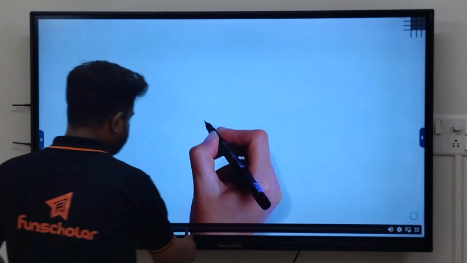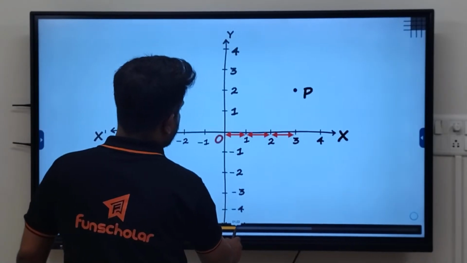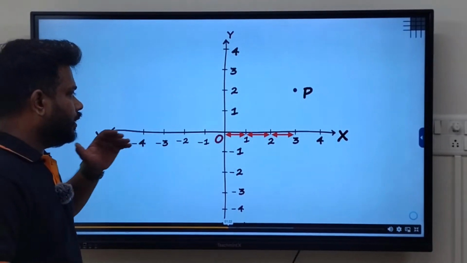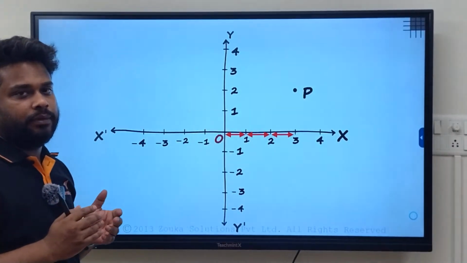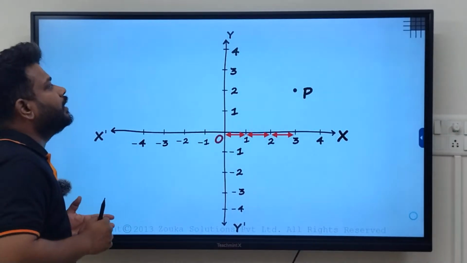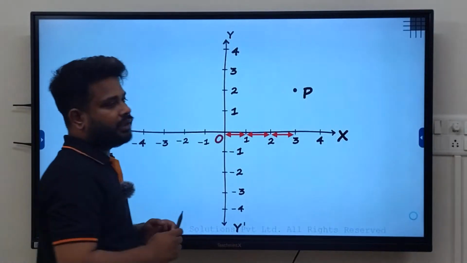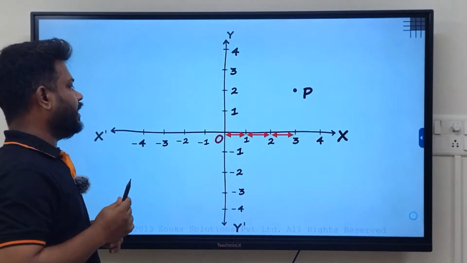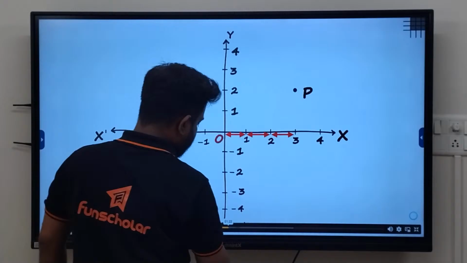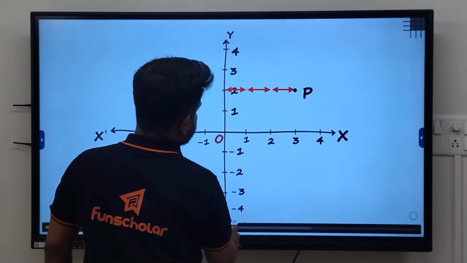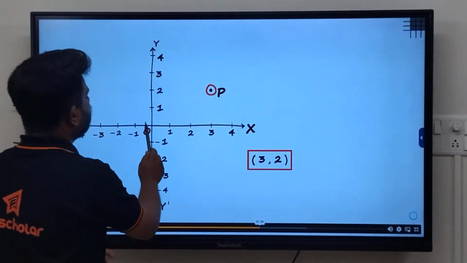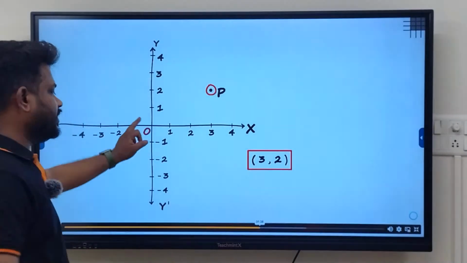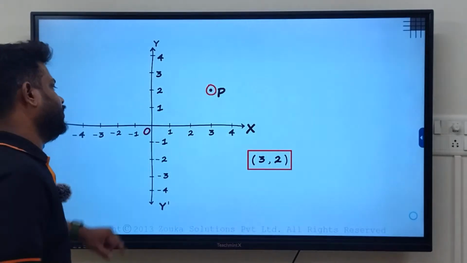From this video we have learned how we can calculate the coordinates of any given point, or find any point's coordinates. So for 3 comma 2, if we start from 0, this will be called the origin.